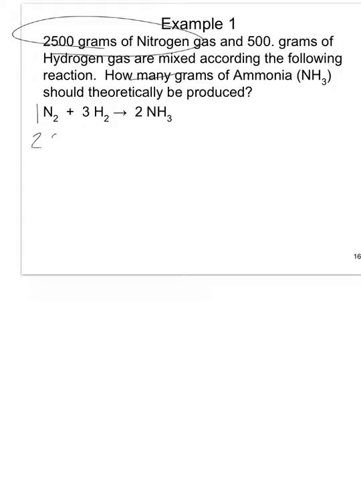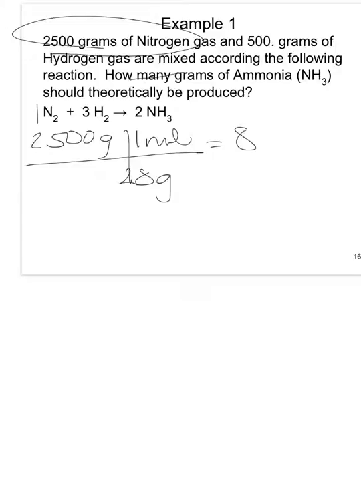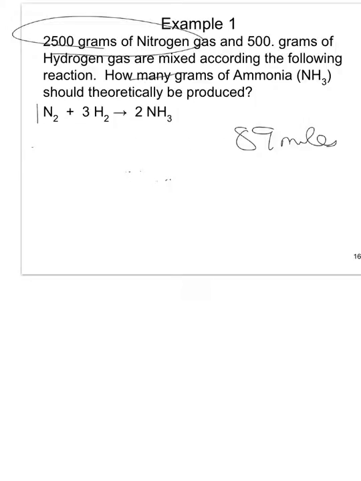I would start by taking this many grams of nitrogen and getting it to moles because we need to be in the mole world. Sorry, 28 grams. So we're talking about 89 moles. Okay, I'm going to use that, but erase it right now. I just wanted to show you that, of course, it's just going from Gramville to Moleville. All right, so I'm going to take 89 moles of nitrogen.